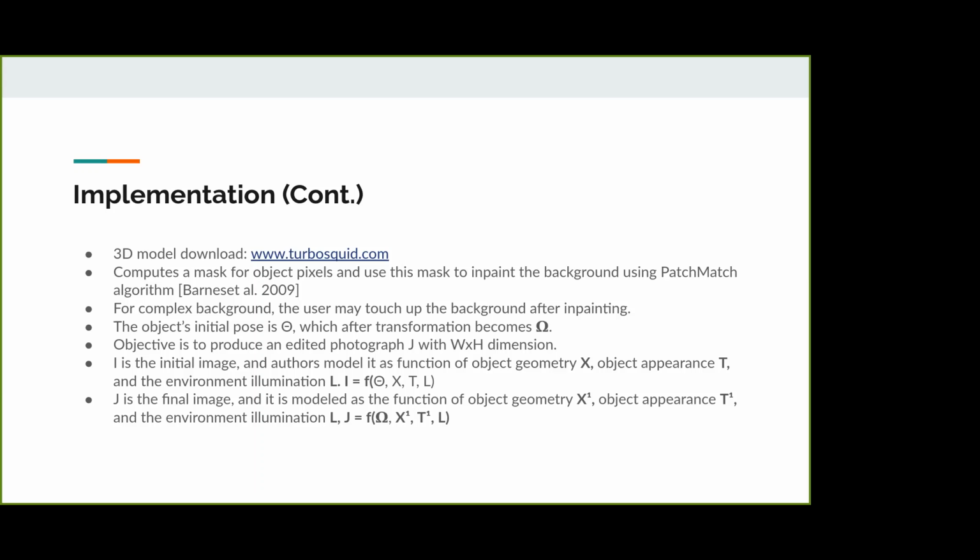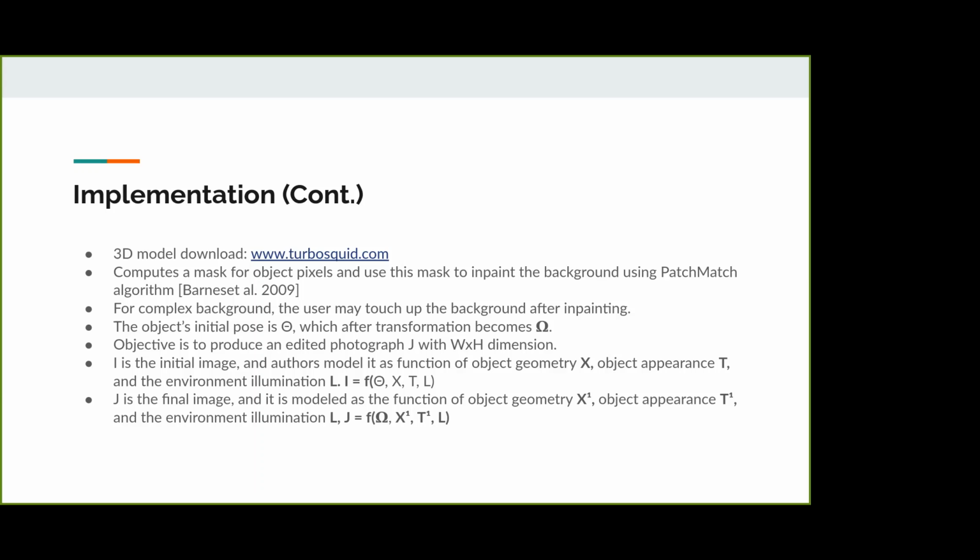So if the object's initial pose was theta, after the transformation the pose gets changed, so it becomes omega. The authors have modeled the initial image as a function of the pose of the object, the object appearance, and an independent illumination.